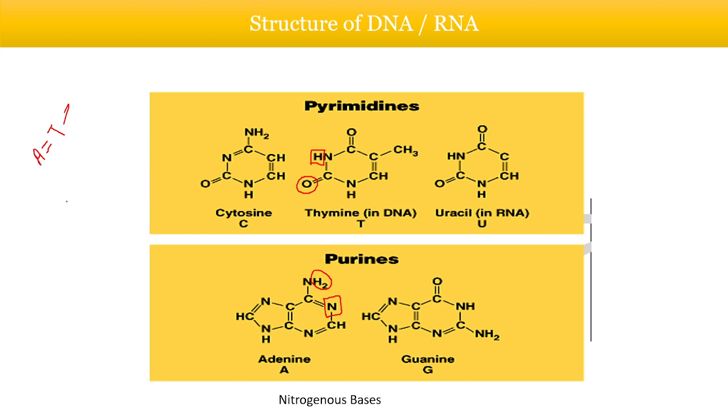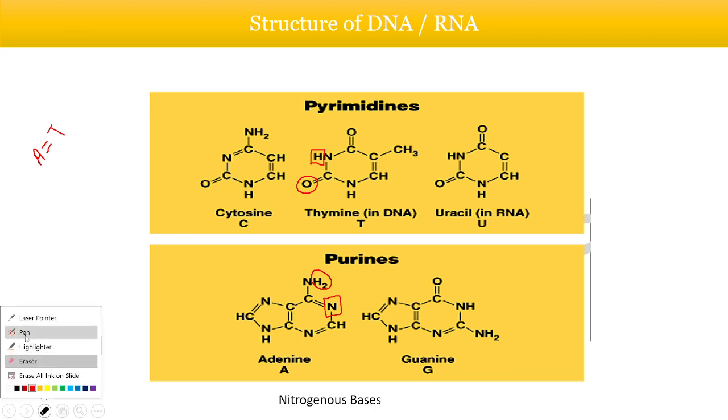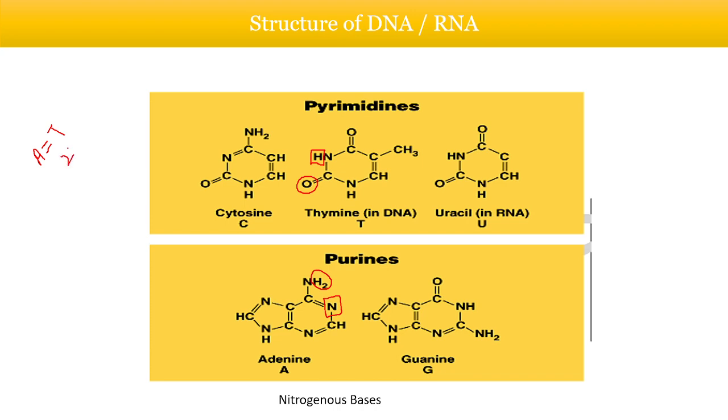So this has two hydrogen bonds. And for the uracil also we have the same groups, only there is a change in the side chain. So it is going to be this oxygen with one of this hydrogen, and the other one is going to be this hydrogen with this nitrogen.